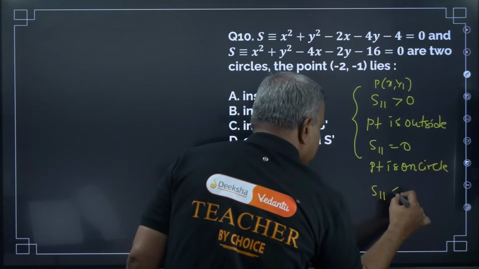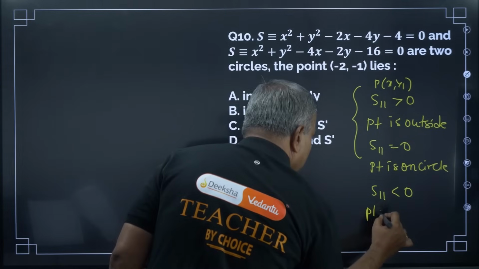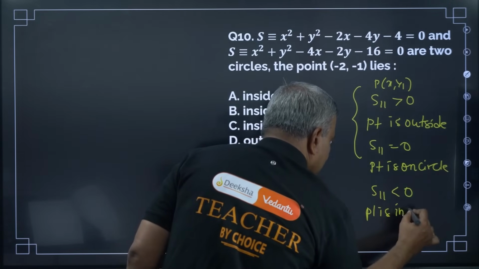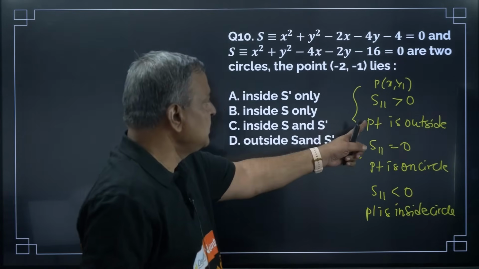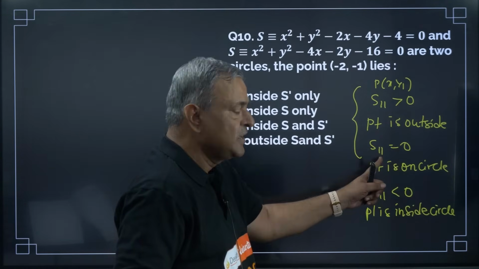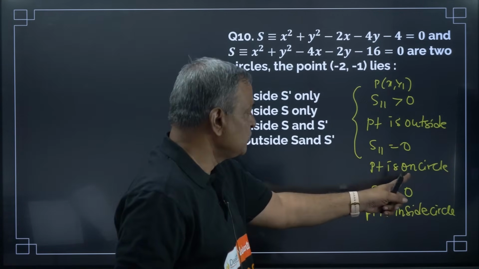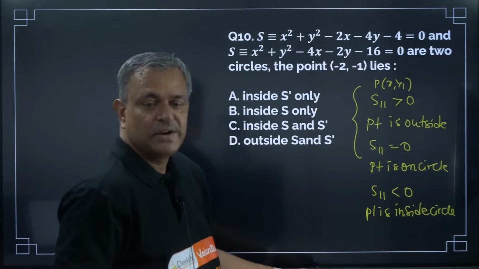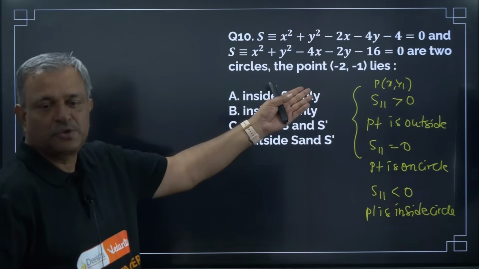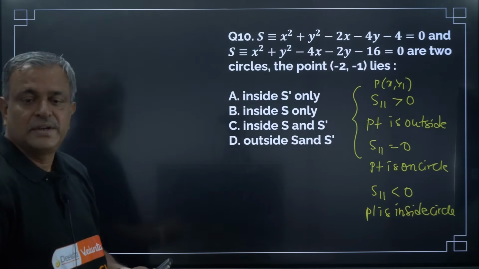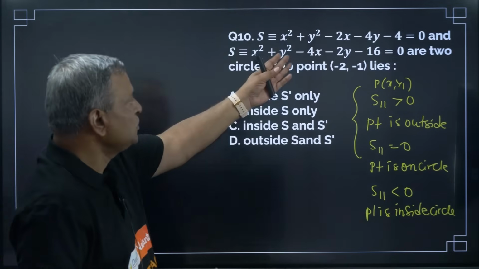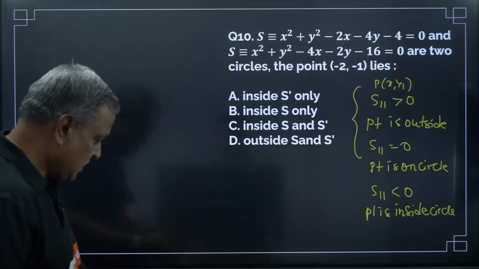If S11 is less than 0, point is inside circle. So what is the concept? S11 greater than 0, point is outside. S11 is equal to 0, point is on the circle. S11 less than 0, point is inside the circle. Just you have to substitute the values. This much you all can do it. I am not doing further because just you have to put the values, you will get the required answer.